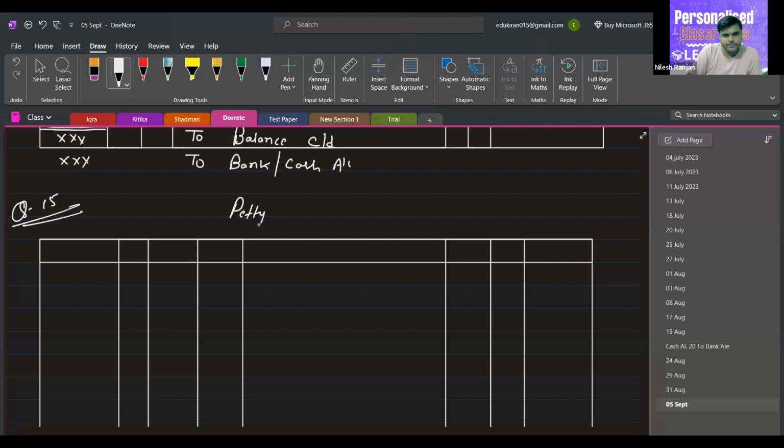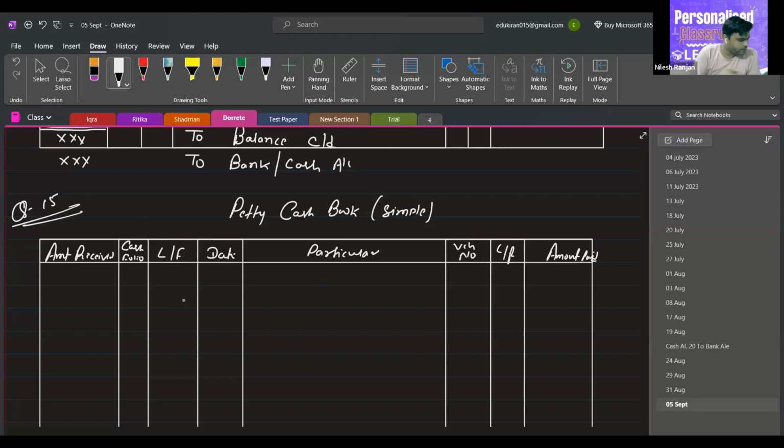Petty cash. Simple. First is amount received, then cash folio and ledger folio here, date, particular, voucher number, LS, paid.